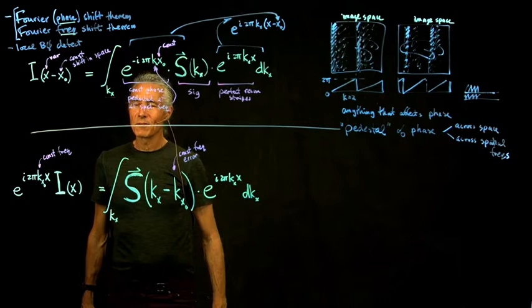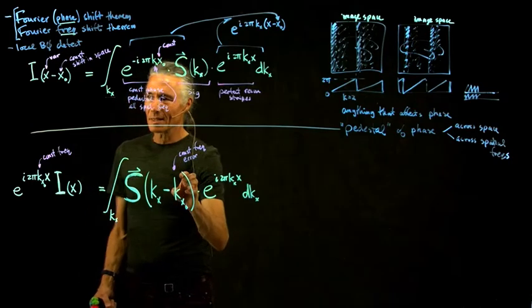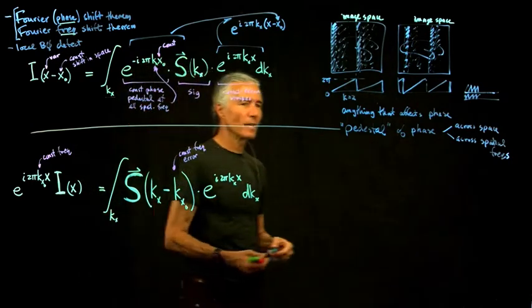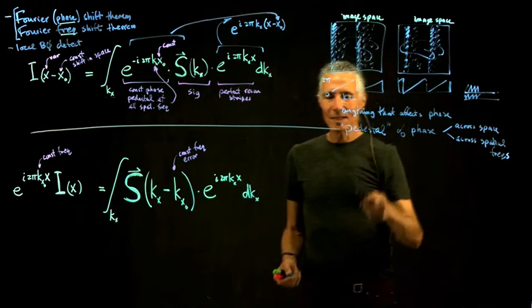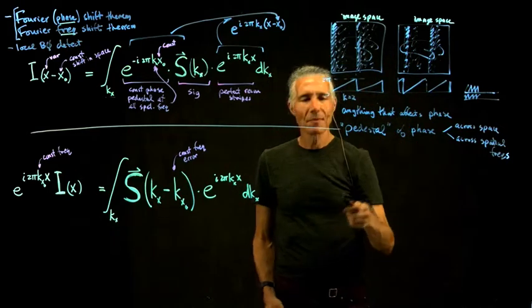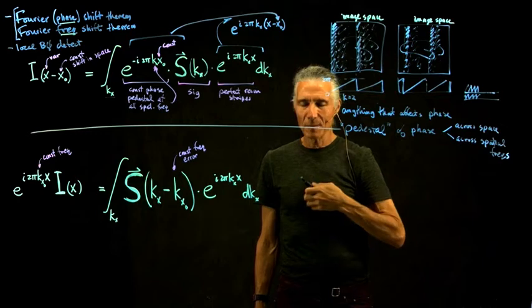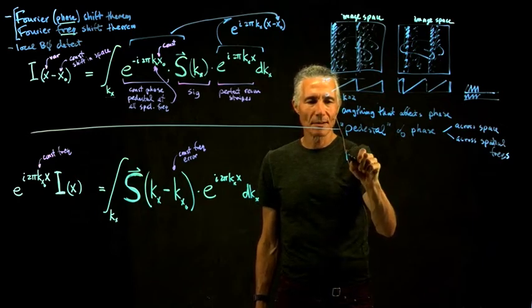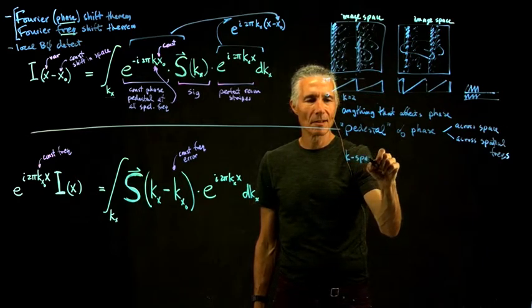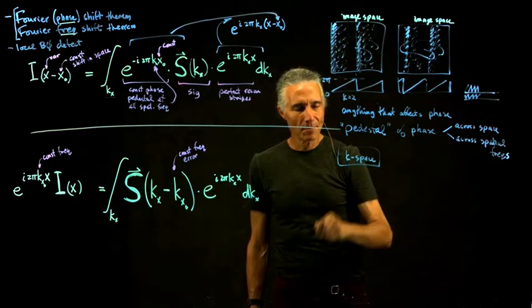So what does this mean in k-space? So let's just go over to k-space. And so this was image space. Now I'm talking about k-space. So what is k-space supposed to look like?